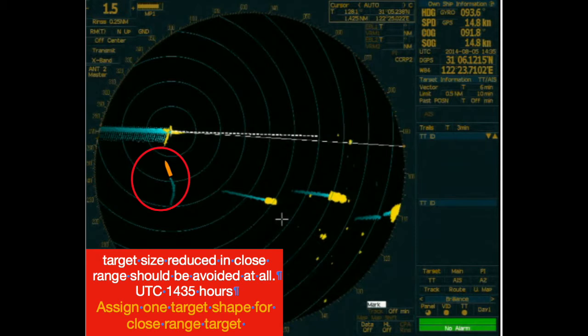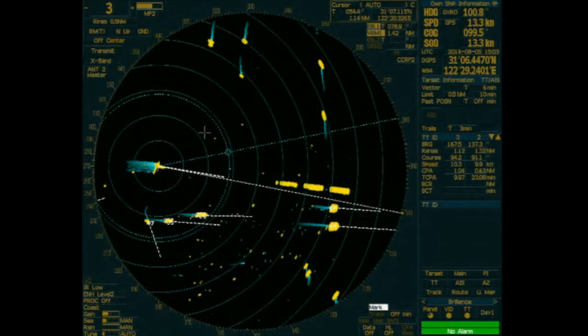Maybe we can understand, but we cannot accept this kind of substandard radar presentation carried over from the 1970s or 60s.